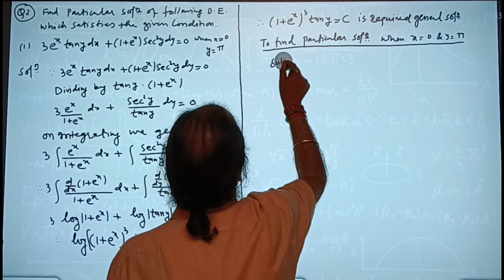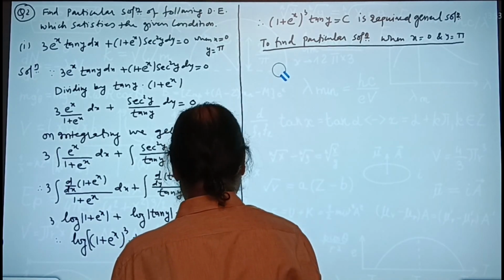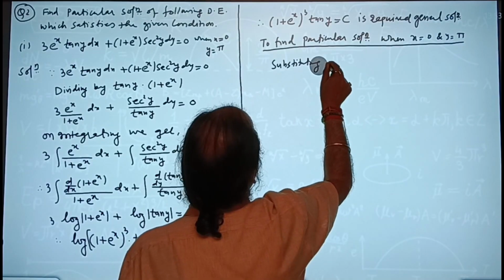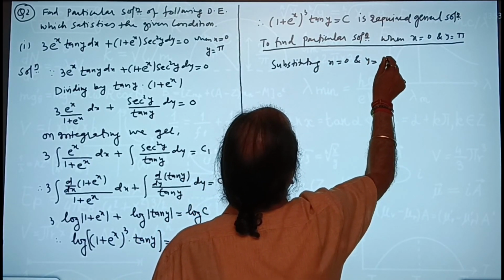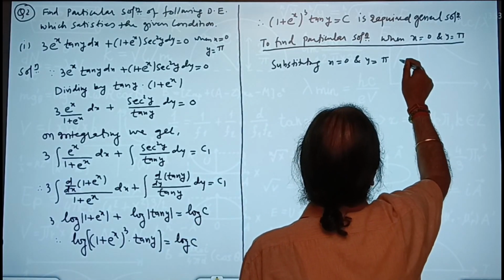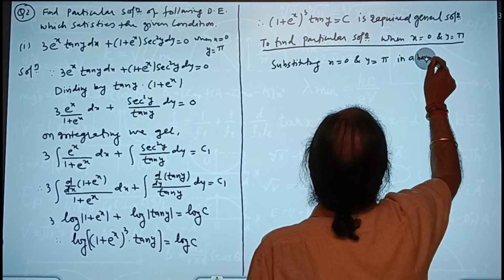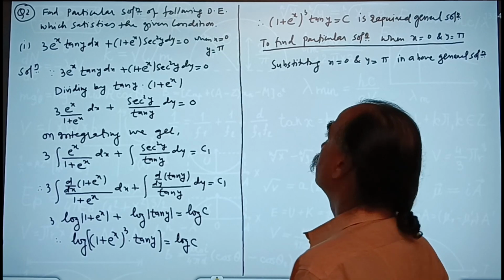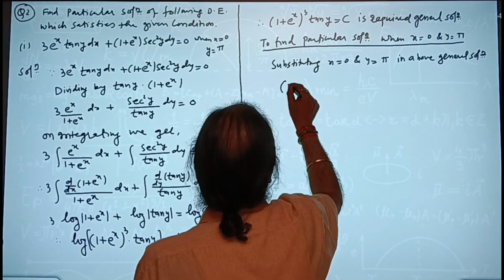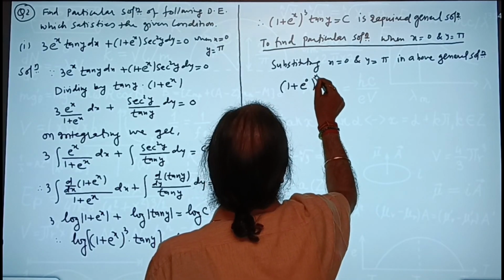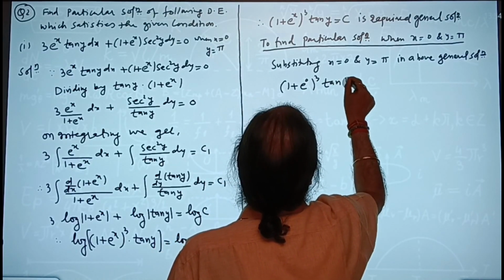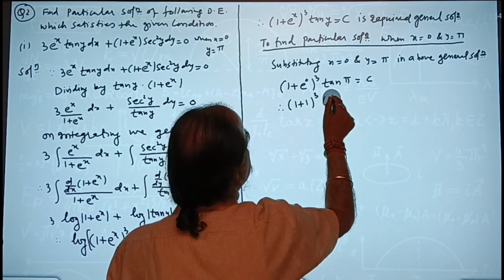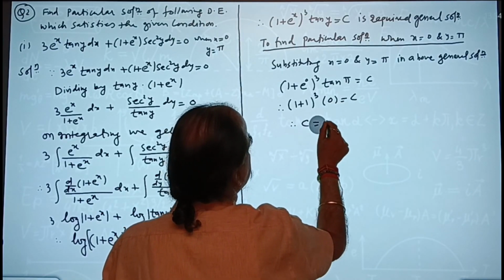Substituting in above general solution. So replace, it will become what? 1 plus e raised to 0 cube tan pi is C. 1 plus 1 cube, but tan pi is 0. So C will be 0.